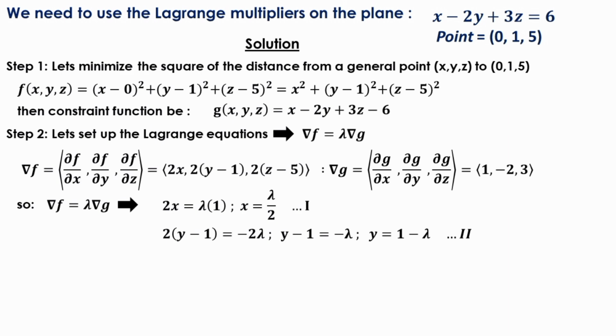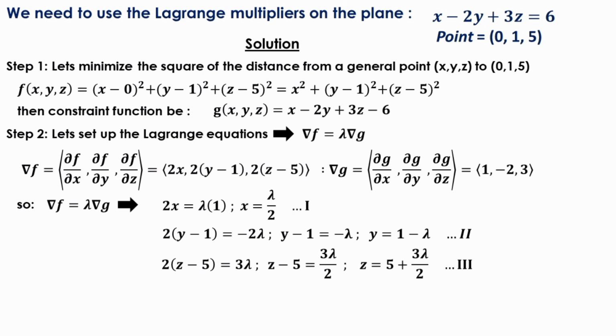For z, equating component by component again, 2z minus 5 equals 3 lambda, so z equals 5 plus 3 lambda over 2, which is equation 3. So we have gotten x, y, and z.